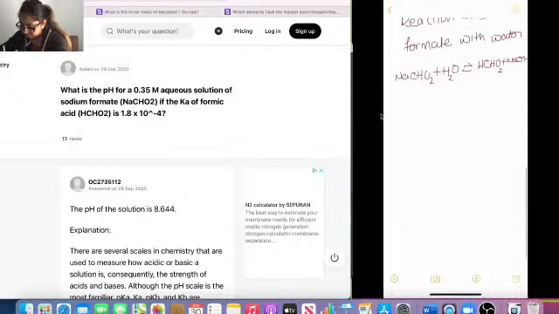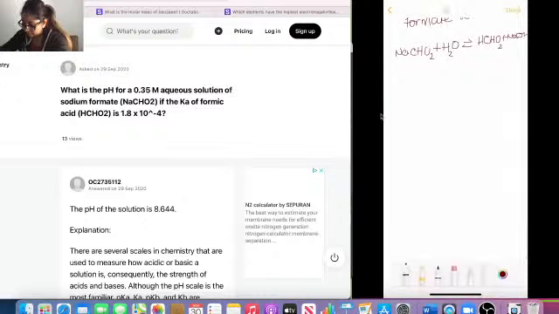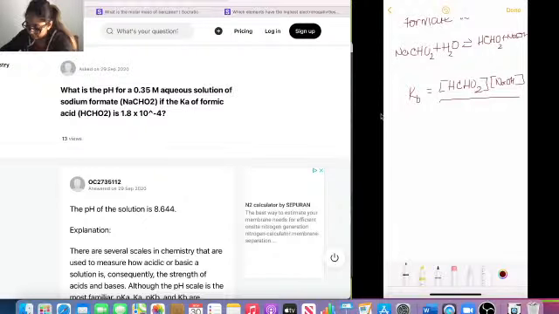And so we can rewrite the expression for your Kb as your products, HCHO2 times OH, over your reactant. We don't include water here, right? We're just including the aqueous solutions, so you have NaCHO2.